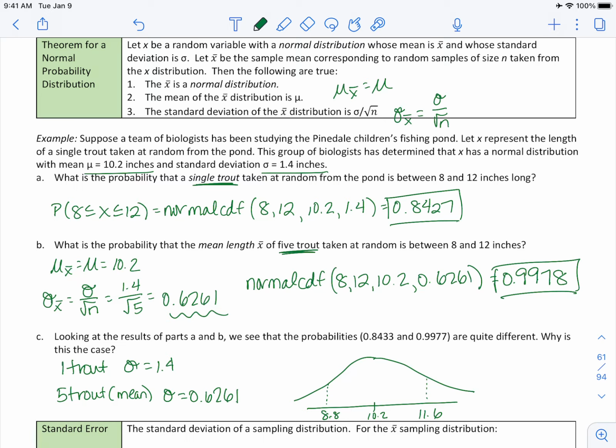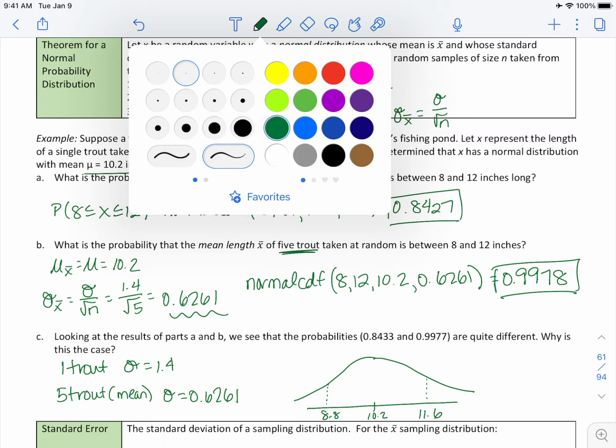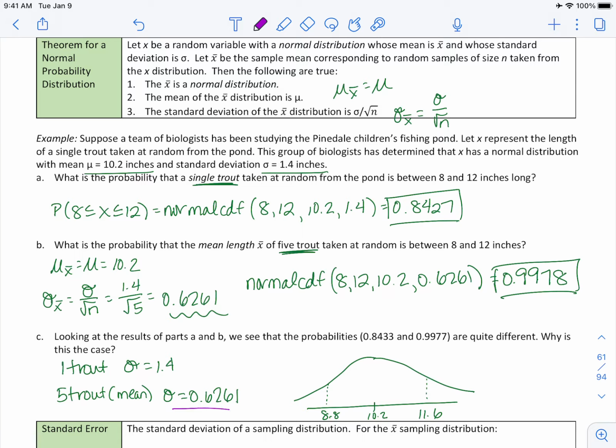Now, if I do the smaller standard deviation, I'll do this one in purple. This one is going to look more like this shape. It has a much smaller standard deviation. So that smaller standard deviation means we have more trout in the range that we're talking about.